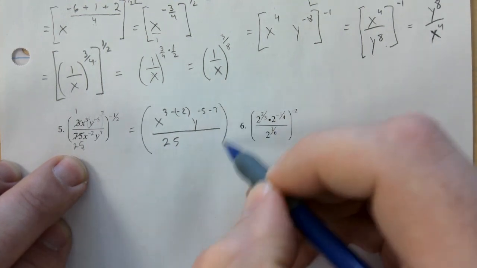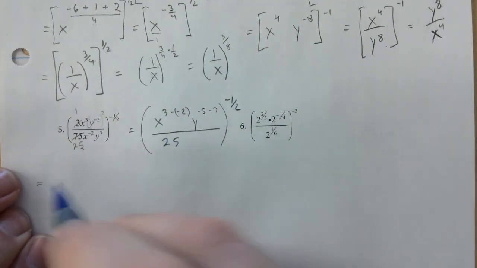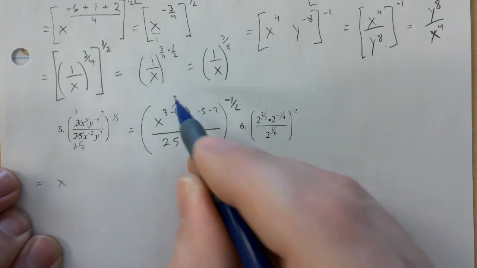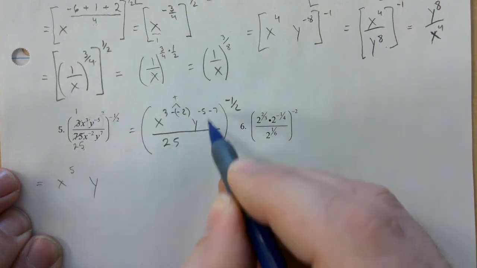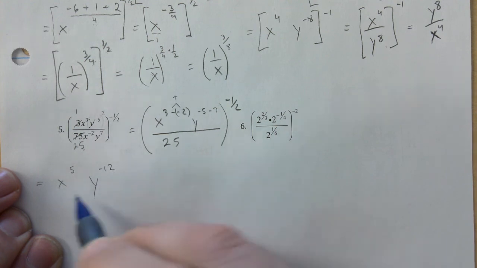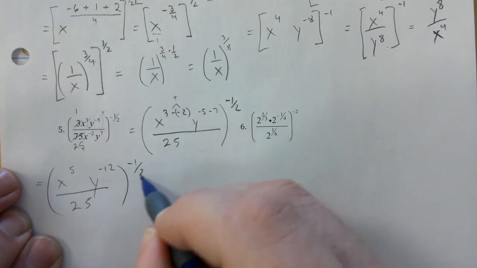And this whole thing is to the -1/2. Then you have, this turns positive, right? So it's 3 plus 2, which is to the 5, y to the -12 over 25, all of that to the power of -1/2.